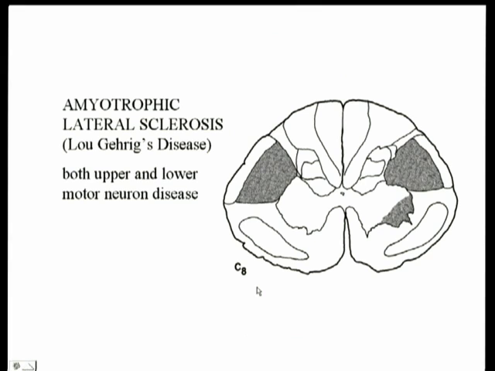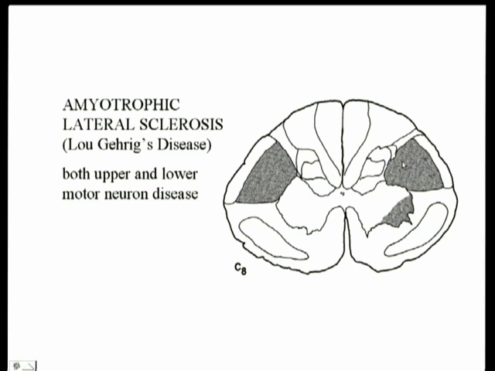This shows classic amyotrophic lateral sclerosis, which is lesions of the LCST, lateral corticospinal tract, here and here, and a lower motor neuron deficit at the same time. So with the upper motor neuron problem, in this case, you could probably have a lot of spasticity down in the lower extremity, and at the same time, you're going to have lower motor neuron problems in the upper extremity.